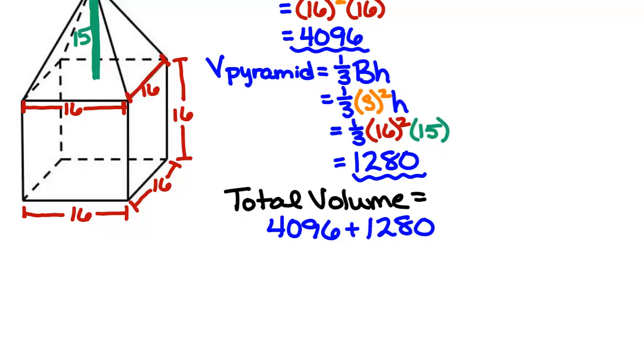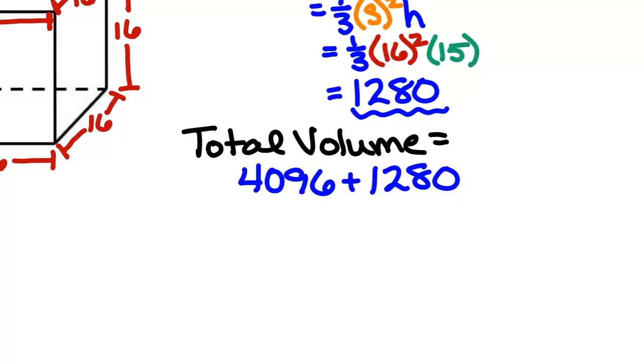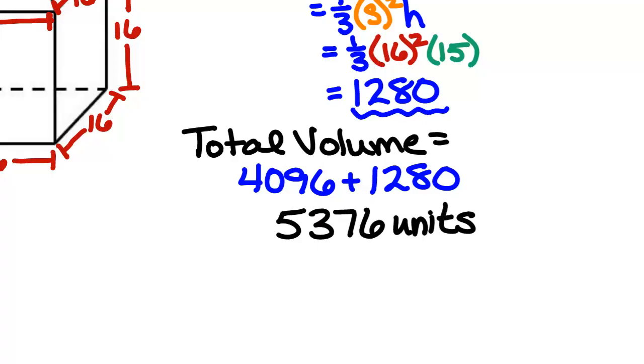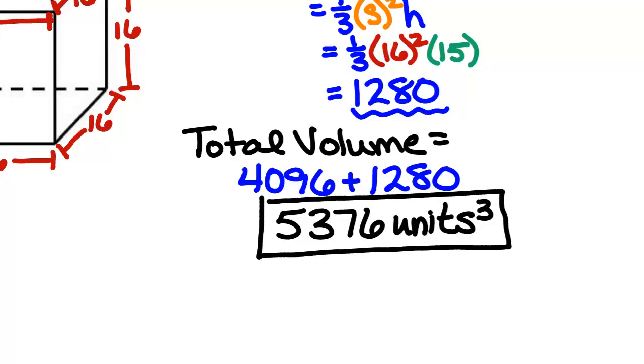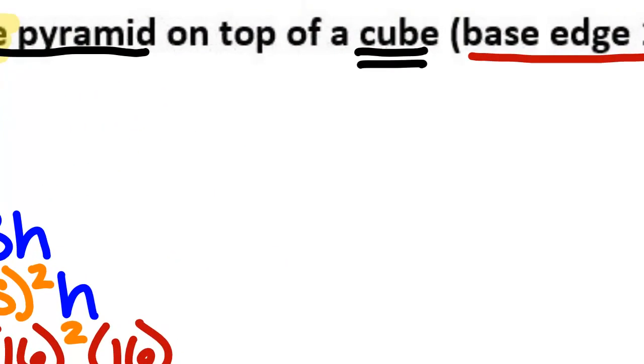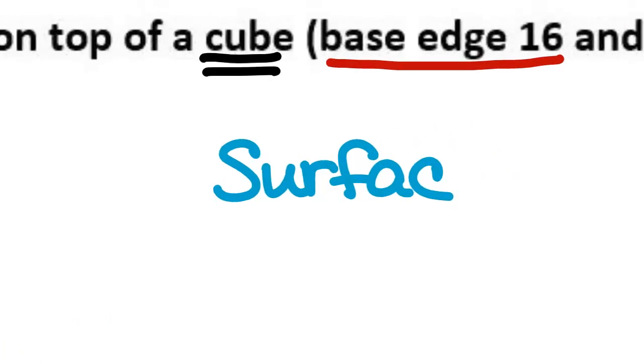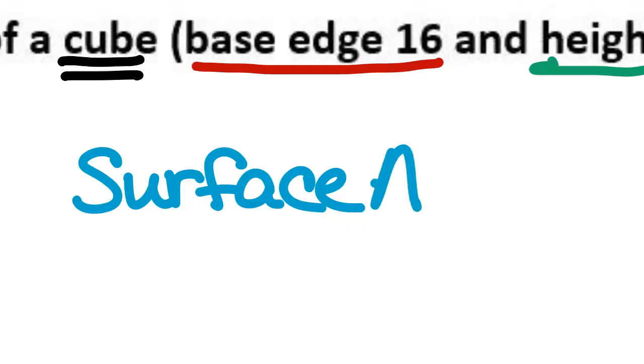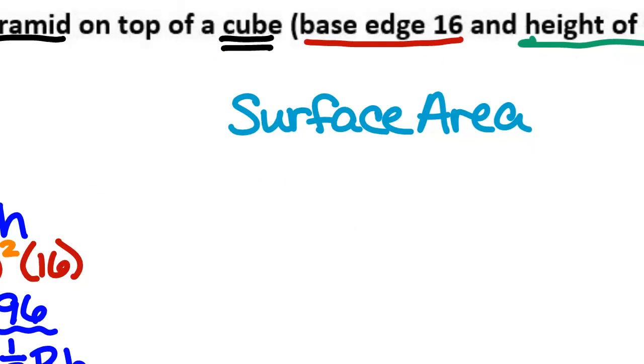And that gives us a total volume of how much? 5,376 units cubed. All right, so there's our volume. We still need to find surface area. So again, only things that are actually on the surface.